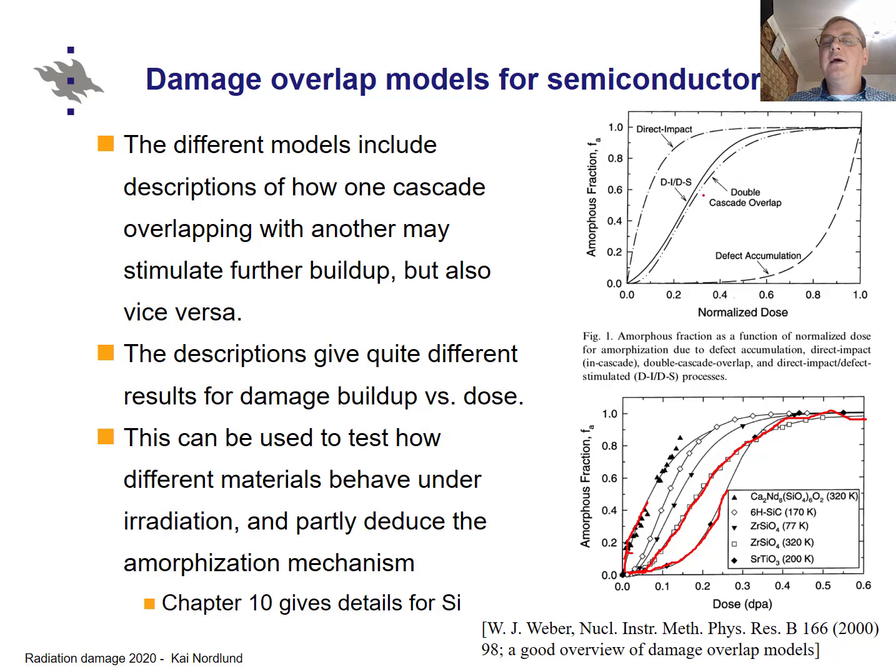The intermediate models typically include defect-stimulated processes, a mixture of direct impact and some sort of defect-related processes. This reference here gives a good overview of different damage overlap models.